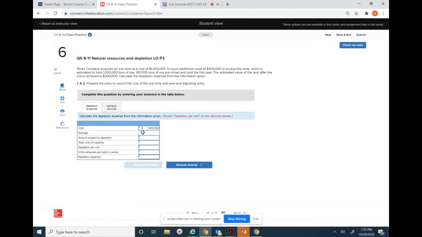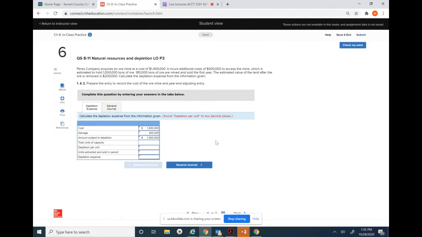So the salvage value is $200,000. The difference between the two, so if I have a cost of 1.8 and 200,000 is salvage value, the 1.6 million is the depletable, just like depreciable. This is the amount that's subject to depletion.